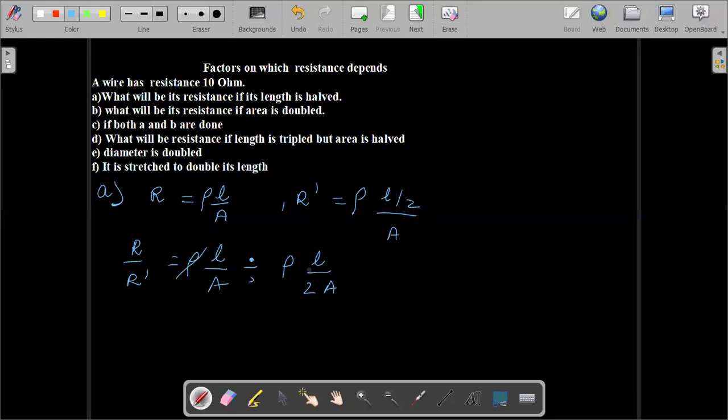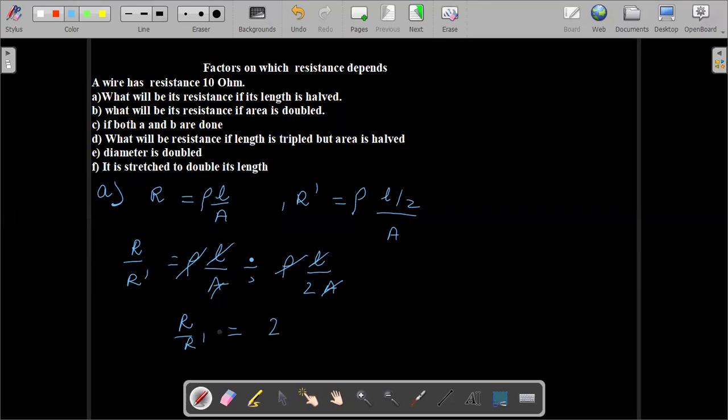So rho and rho cancel each other, L and L cancel each other, A and A cancel each other. So you get R over R dash equal to 2. Even if you are facing any issue here, you can turn this division into multiplication and then solve it.